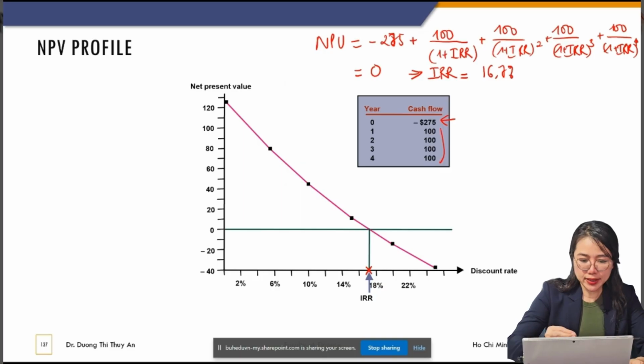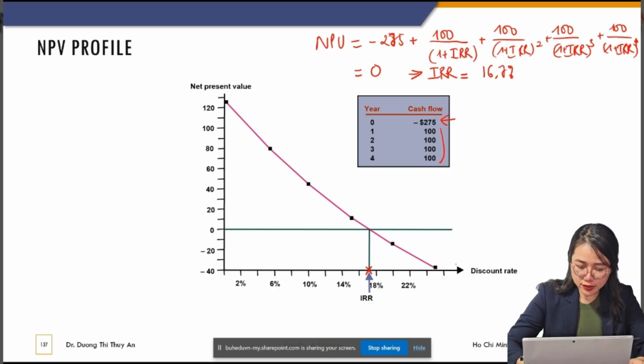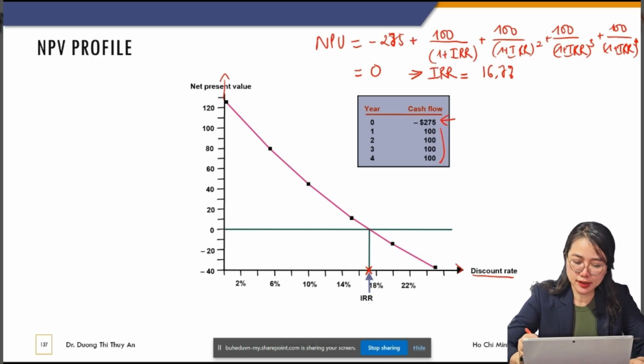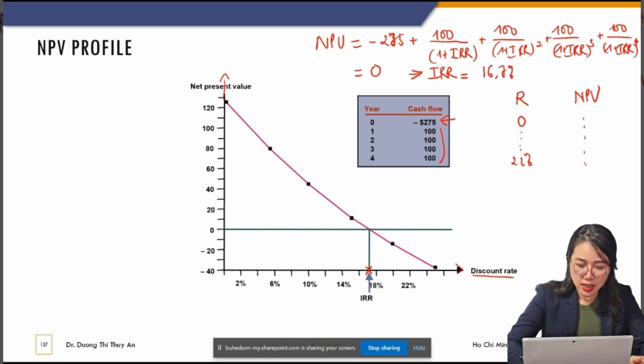And then I make this graph, this figure. Your horizontal axis is the discount rate, and your vertical axis is the NPV. So you give different discount rates here. I say this is R and this is NPV, and you run from 0 to 22%, and you get the NPV.